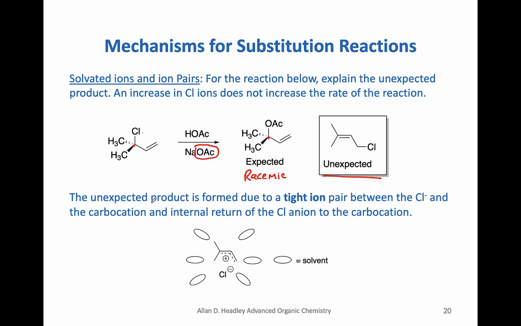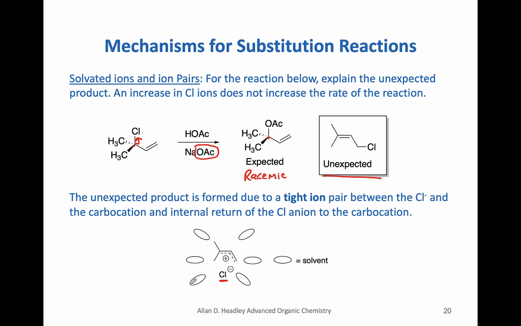One explanation for the unexpected product is that this leaves to form the carbocation, but it remains in close proximity to the carbocation. So here's the leaving group, which remains in close proximity to the carbocation.